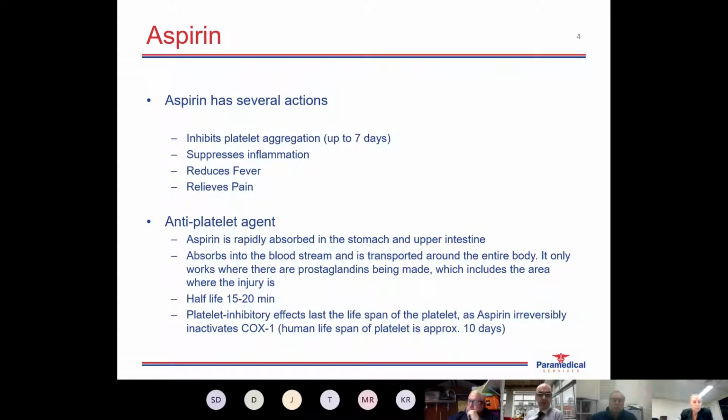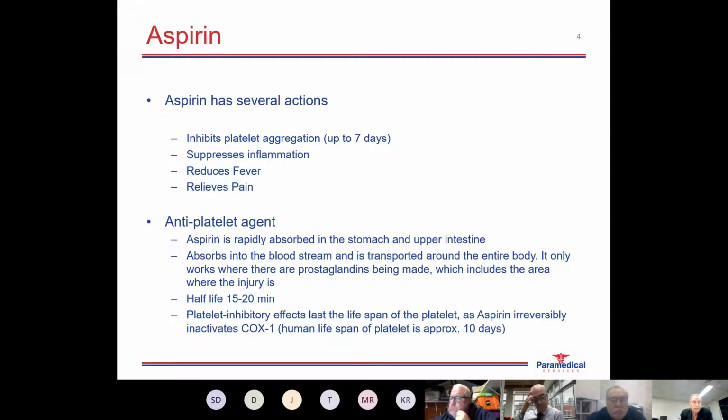So when we look at aspirin specifically, it has several actions. And we see this, it's written on the pharmacology listing that we've sent out to everyone. So this is the type of thing that you guys are starting to study at the moment. It inhibits platelet aggregation, it suppresses inflammation, it reduces fever, and it relieves pain.